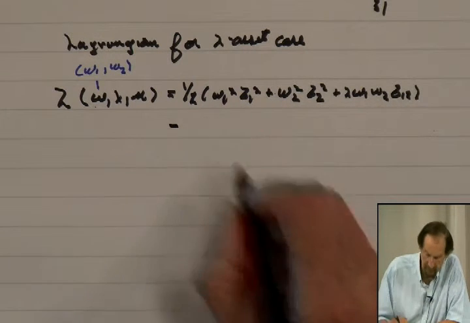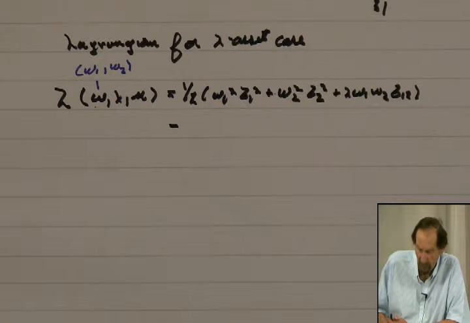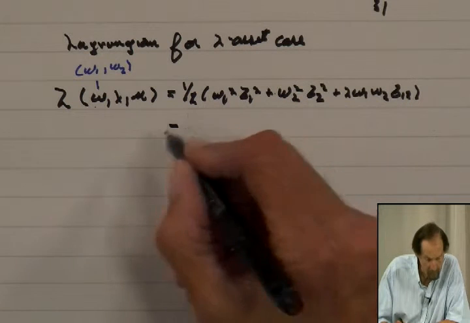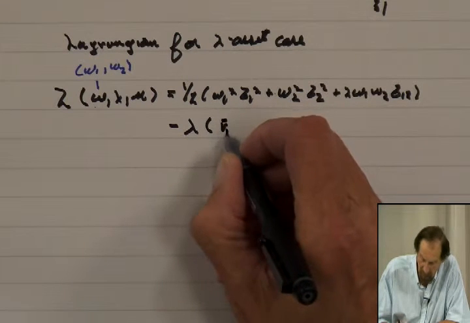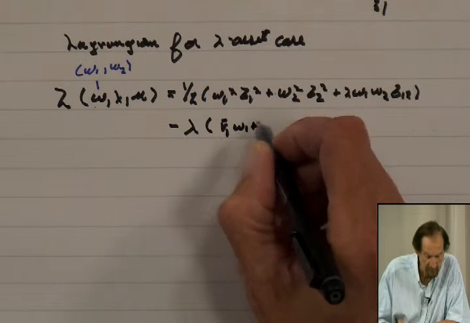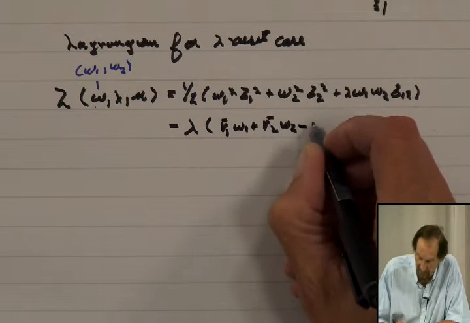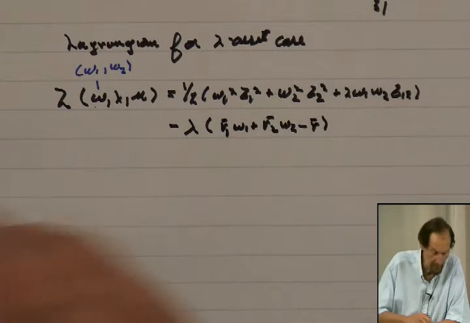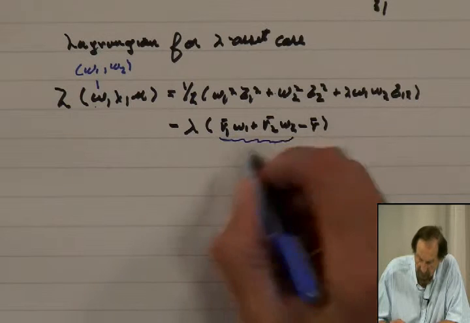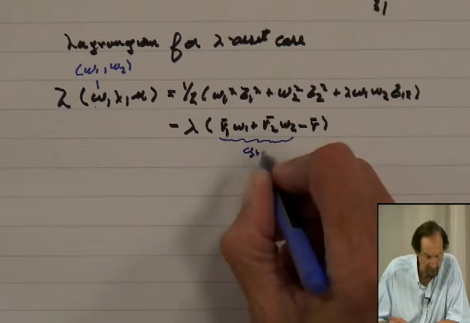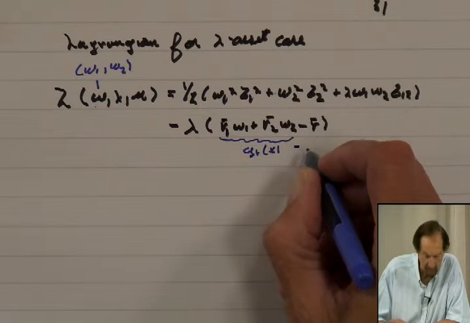Minus, now in the objective function, we multiply the constraints by the Lagrange multipliers and subtract them off. Minus lambda times, in the first constraint, R bar 1 W1 plus R bar 2 W2 minus R bar. And what is this? This is just G1 of X minus B1.